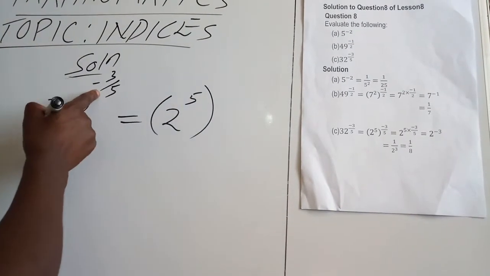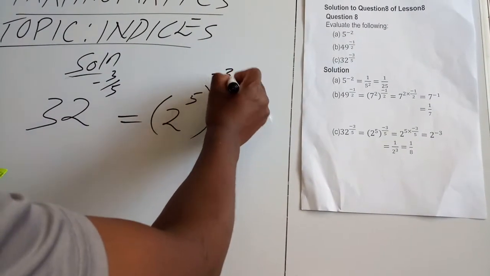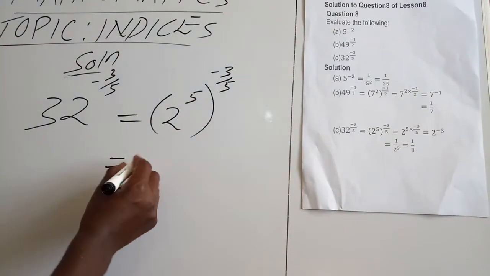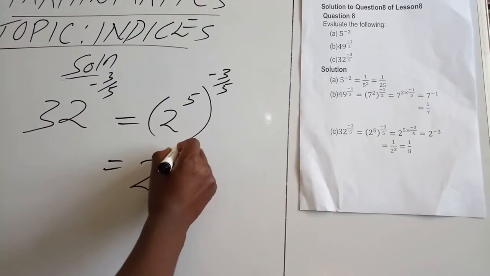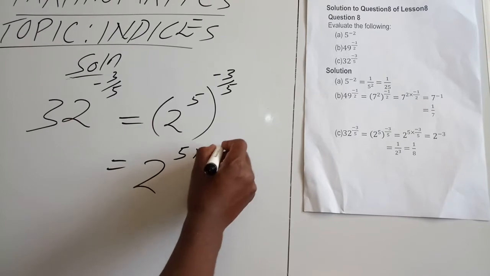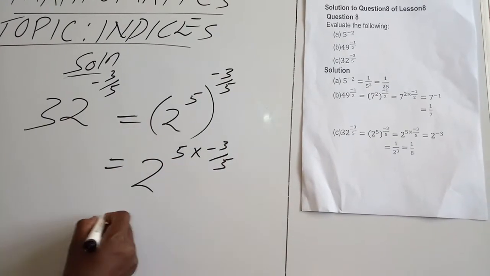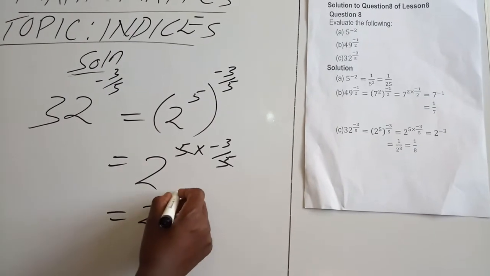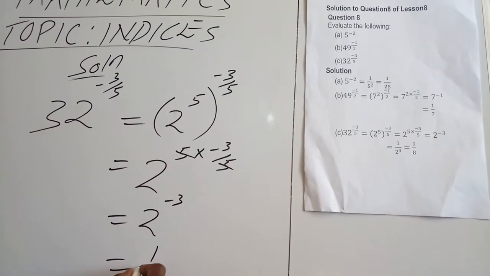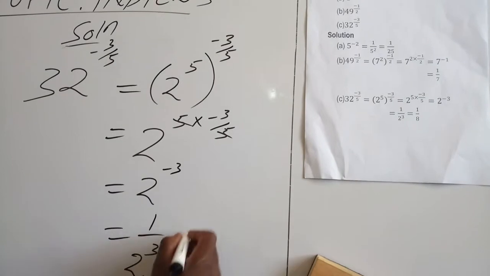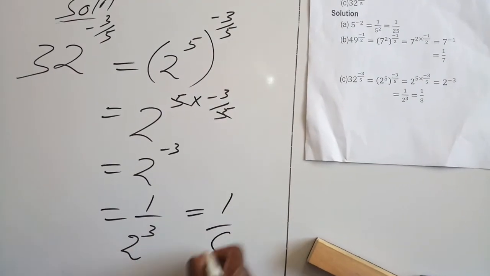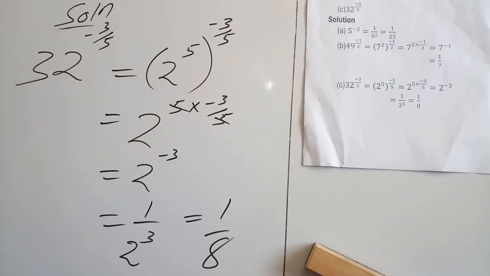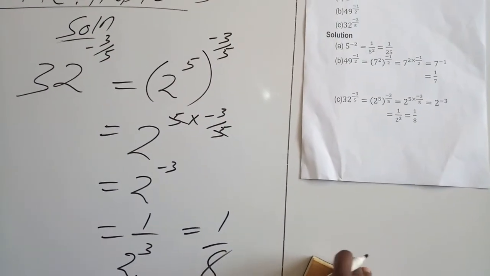Remember we still have the power negative 3 over 5 there. This will come to 2 power 5 times power negative 3 over 5. The 5 and 5 will cancel. We will be left with 2 power negative 3, which is the same as 1 over 2 power 3. In the end, that gives you 1 over 8.